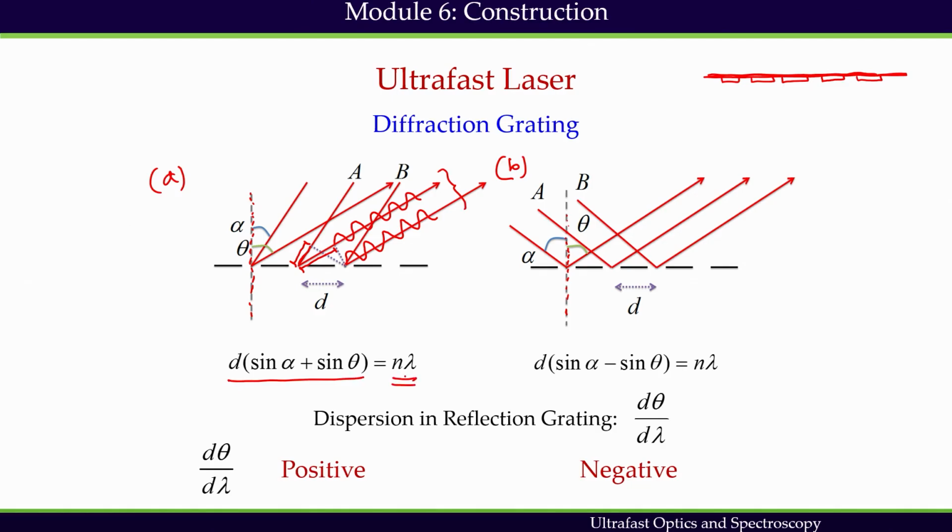Then only we get this constructive interference. And d sin alpha plus d sin theta represents this extra distance, from here to here and here to here.